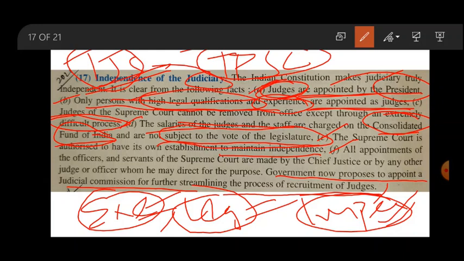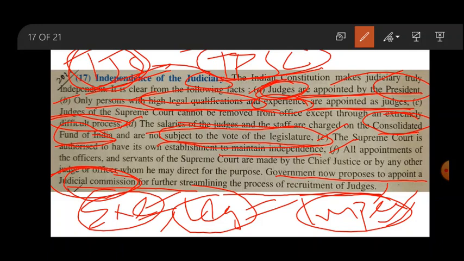So in order to recruit judges or to hold an exam for recruitment of judges, the government is now proposing to have a judicial commission, separate from the existing Tripura Public Service Commission.